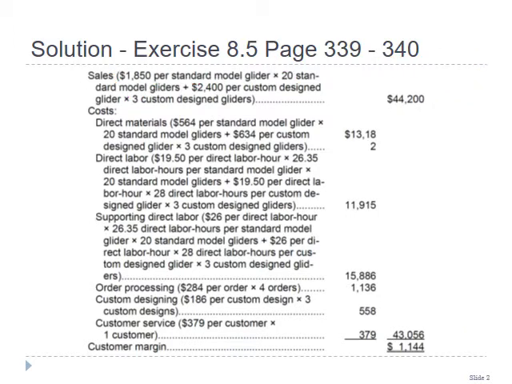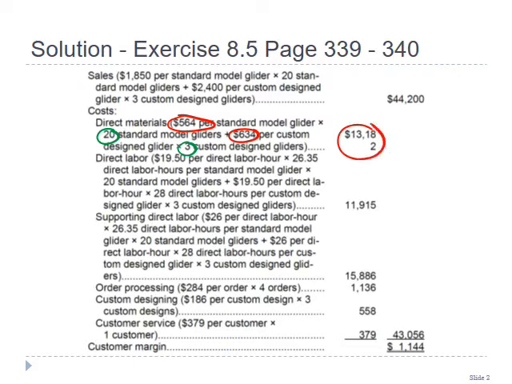So the direct material: we know that direct material per standard model is worth 564, and we ordered 20 standard ones and 3 custom ones. The per unit cost of material for the custom design is 634.